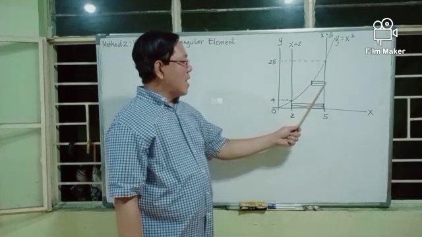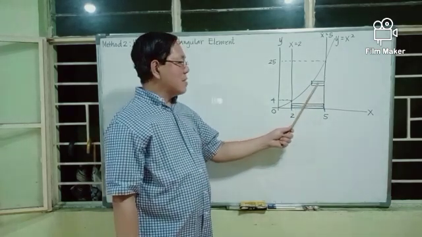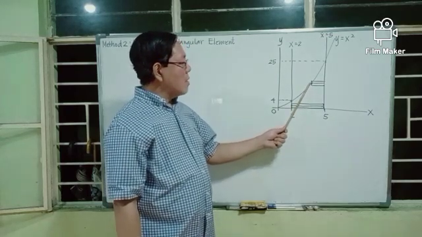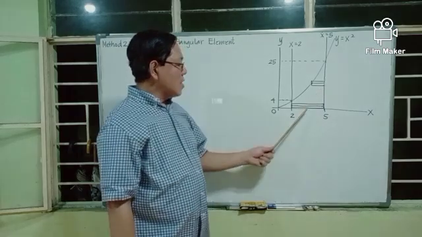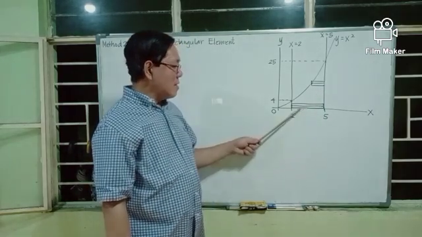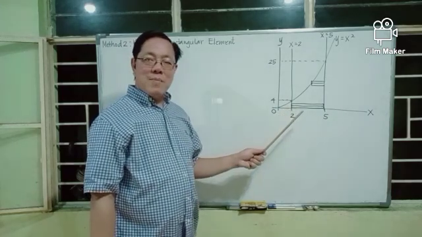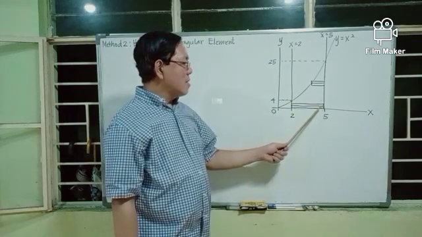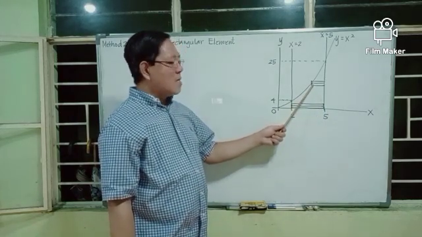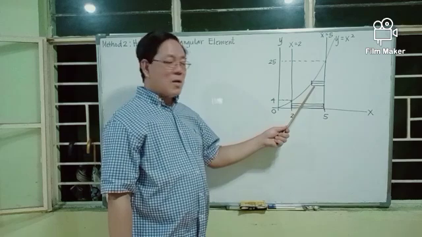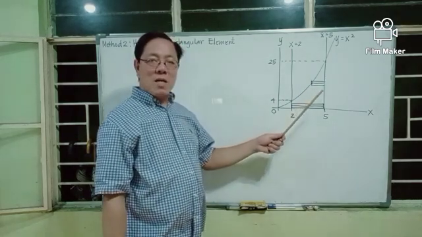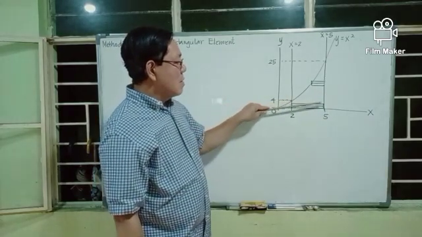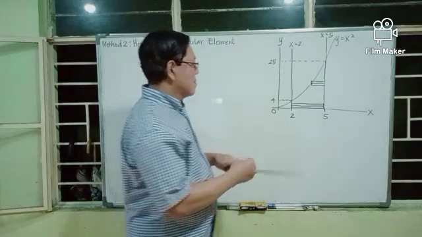That is, the ends of this rectangular element on this part of the area are on the parabola and on the line. But if you take a horizontal rectangular element here, the ends have points on this line and on this line. And actually you will have this similar horizontal rectangular element if you draw horizontal rectangles from this point up to this point.